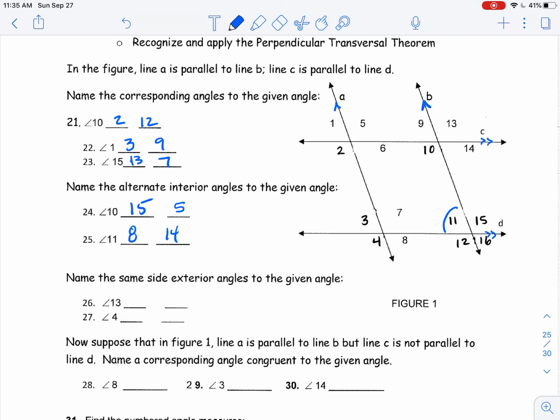Name the same side exterior angles to the given angle. Angle 13, we want exterior angles. Okay, so again, let's call all of this the interior, and the transversal will be line B right here. So if I want to be on the same side of the transversal, the same side on the exterior would be angle 16.